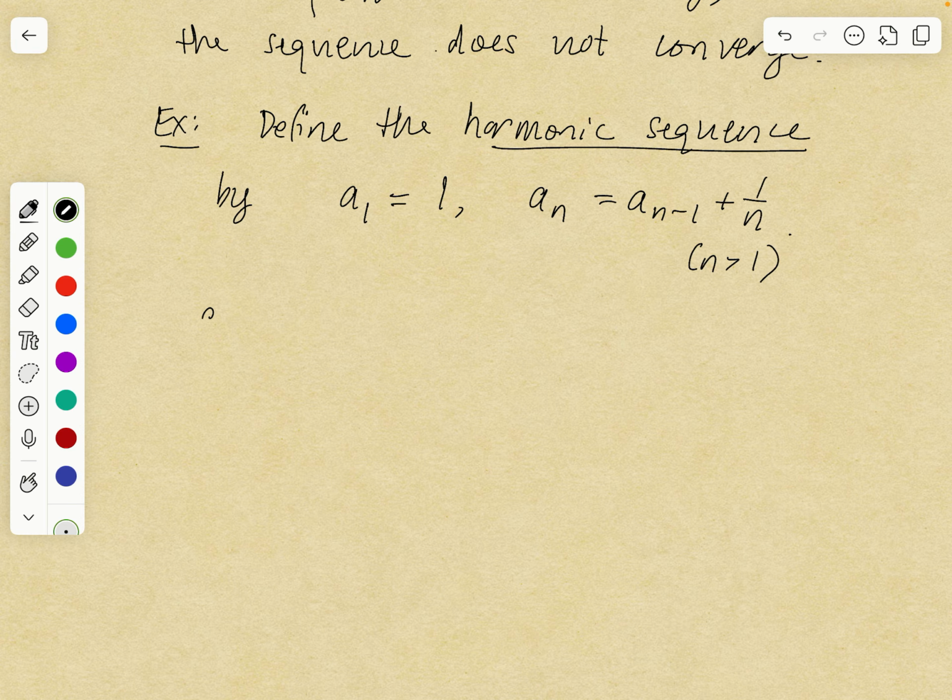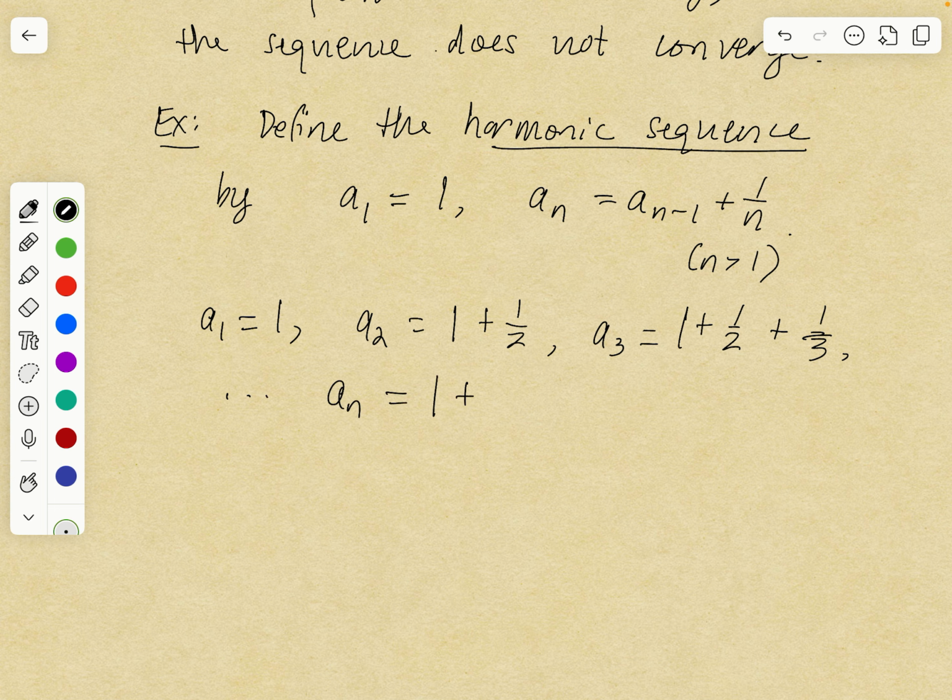So the first few terms are a1 equals 1, a2 is 1 plus 1 over 2, a3 is 1 plus 1 over 2 plus 1 over 3, etc. So a sub n is just 1 plus 1 over 2 plus 1 over 3 plus dot dot dot plus 1 over n.